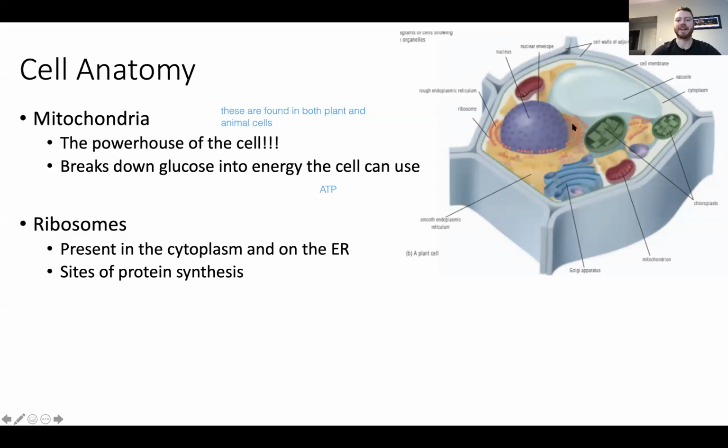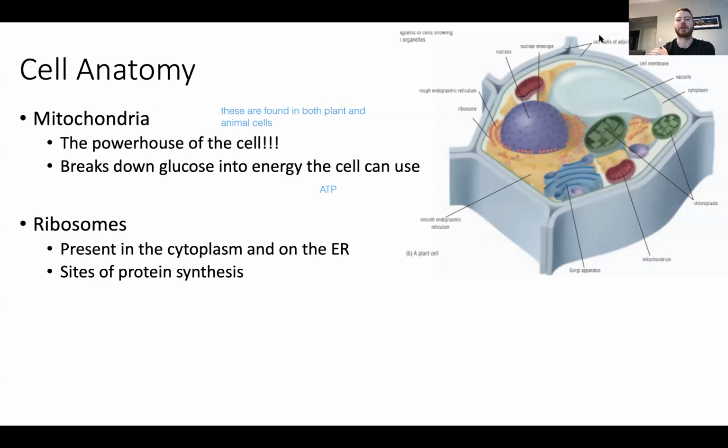Remember that DNA is stored in the nucleus. What happens once the nucleus decides that a particular protein needs to be encoded? Maybe it is a hormone, like insulin. Insulin is a protein hormone.